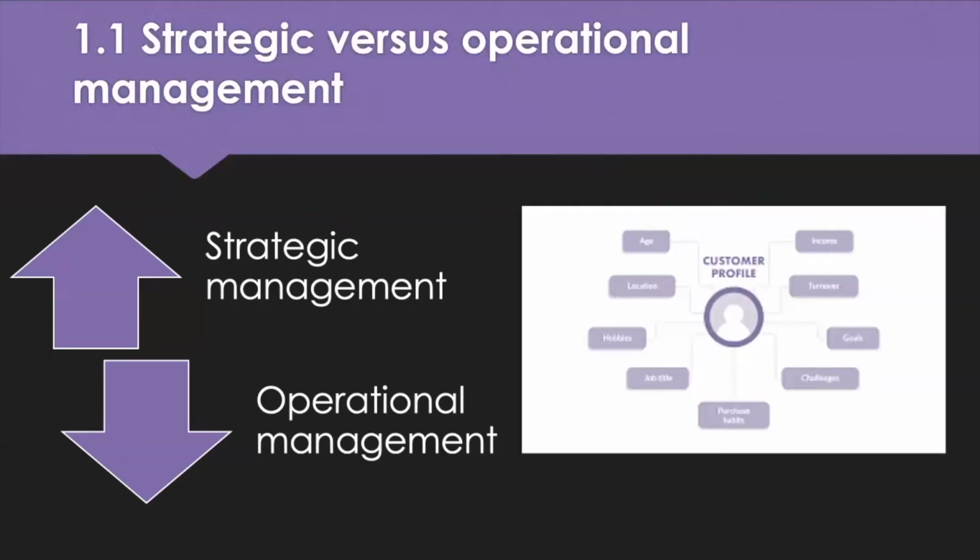Formulation of company mission, vision, goals, and strategies all sit within the strategic management landscape. Operational, on the other hand, is the management of activities within the operational environment, so something more functional. It could be implementing a very low-level strategy, dealing with your competitors, your creditors, your customers.